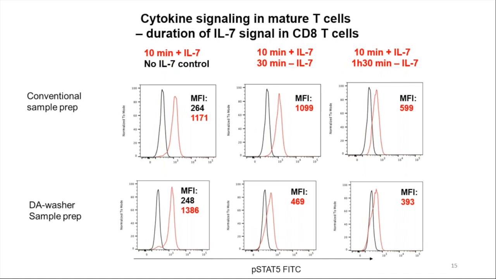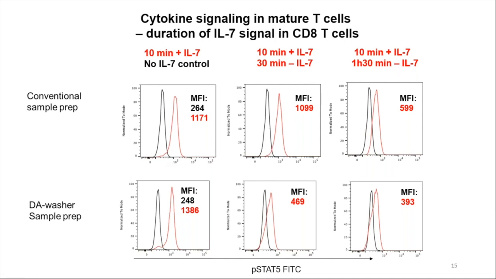Okay, so that's a very good question, and I'm not 100% convinced this is a real shoulder. We are comparing this with this, and I think in both cases it is probably a bit of experimental artifact. We have this shoulder even in the conventional sample prep.